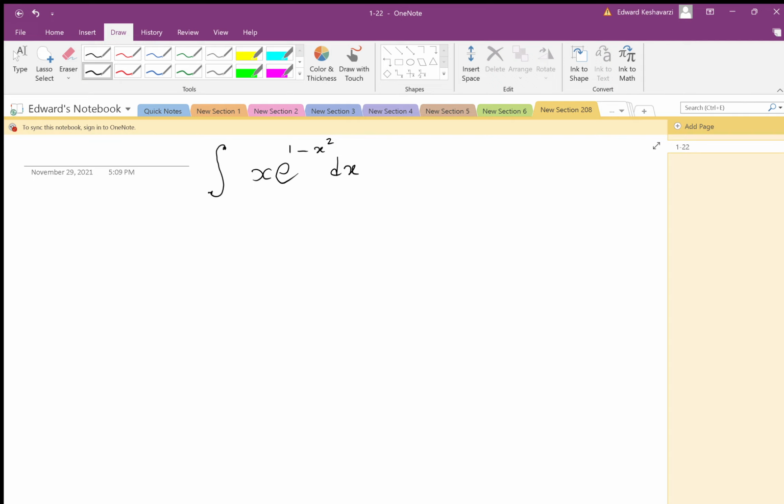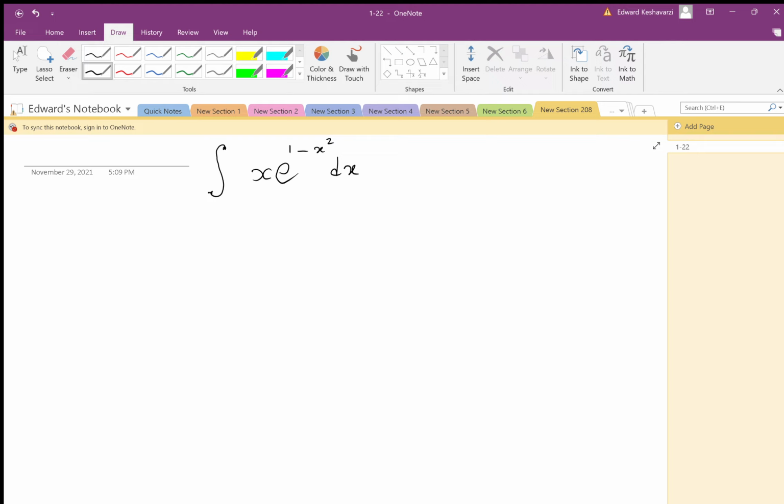There is no way to determine which one has to be u. It depends completely on your experience. The more integrals you do, the better you can determine which part is better to set as u.